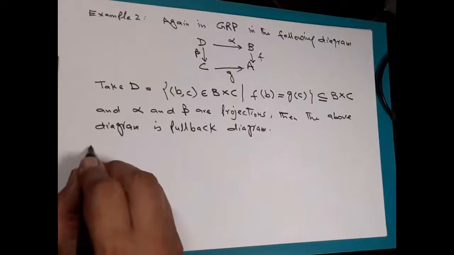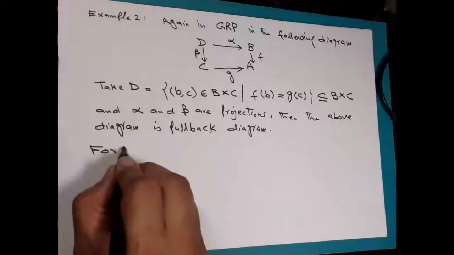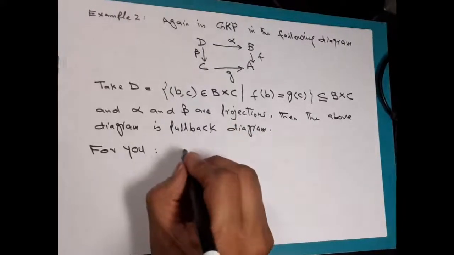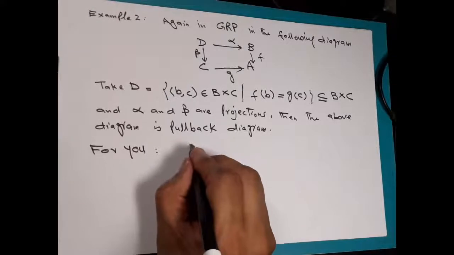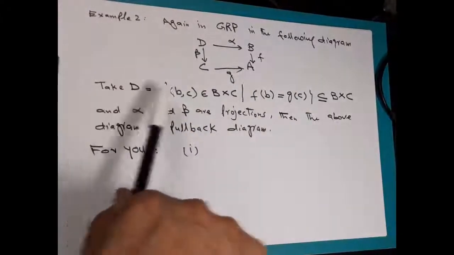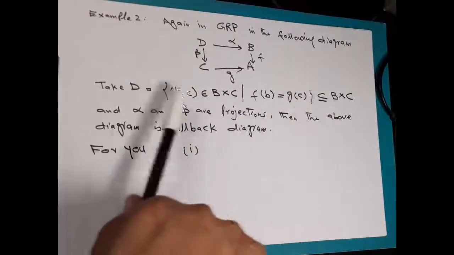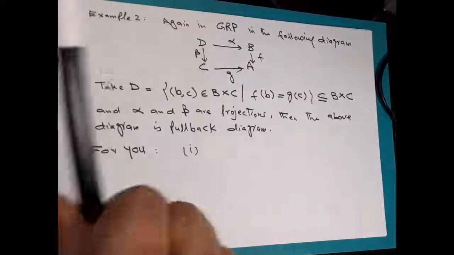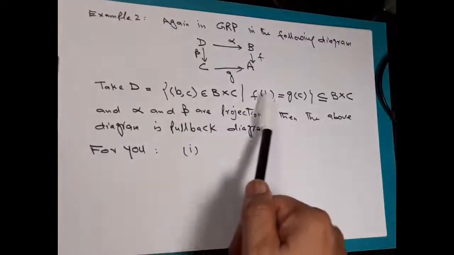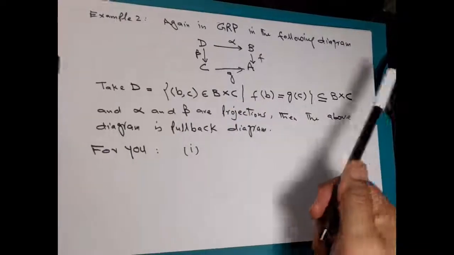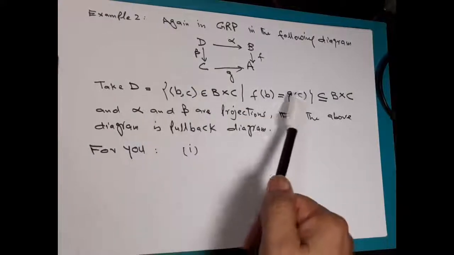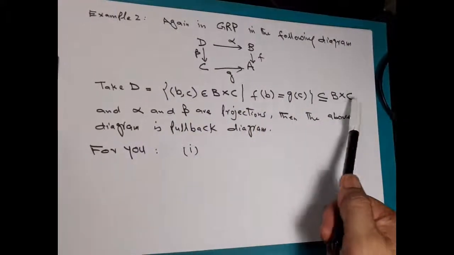So for you, in fact, you have to work out the details. First of all, what you must do is replace D by this particular object. Just keep it as D, but keep in mind that this D is this particular object, and if you like, you can prove that D is a subgroup of B cross C. You can prove that.